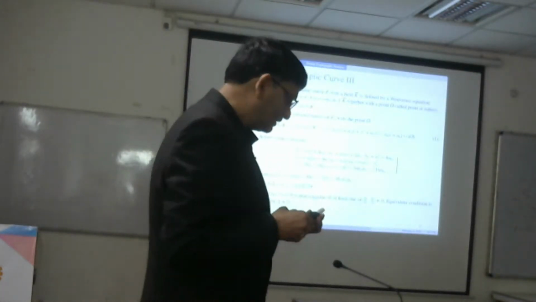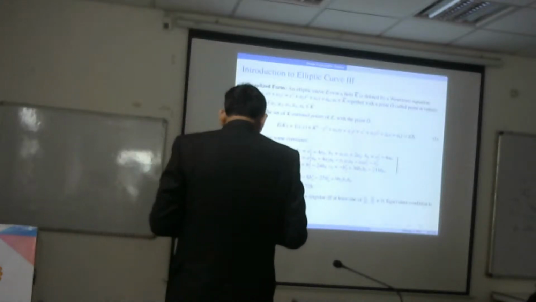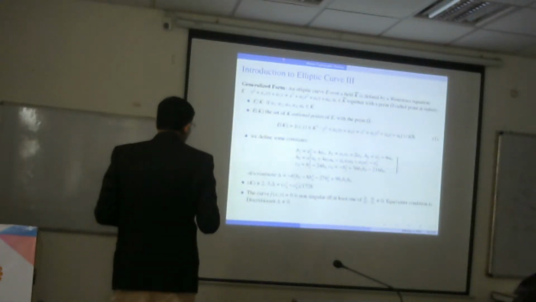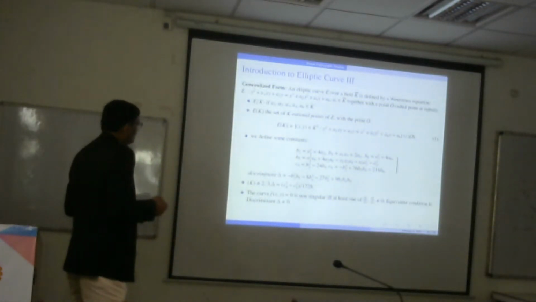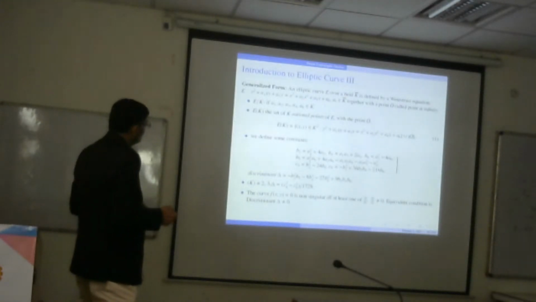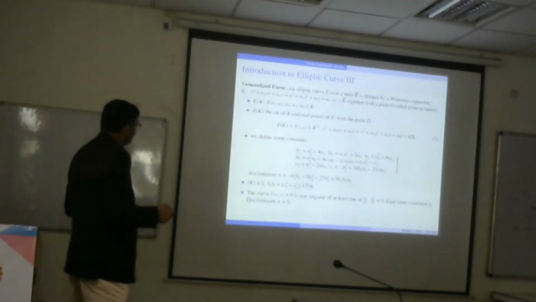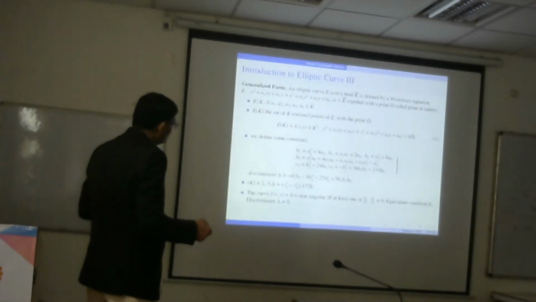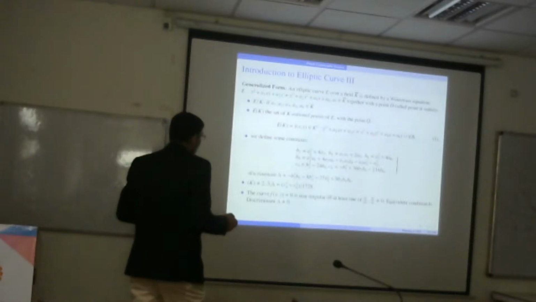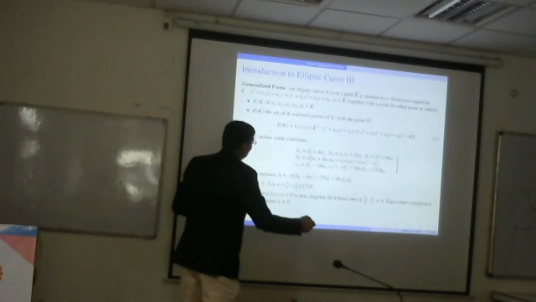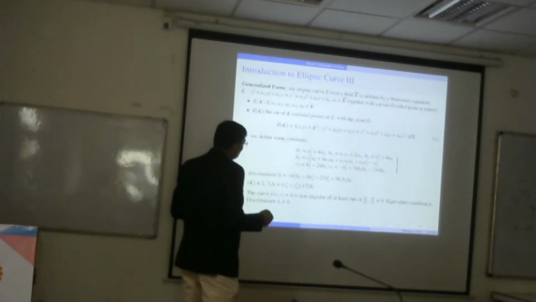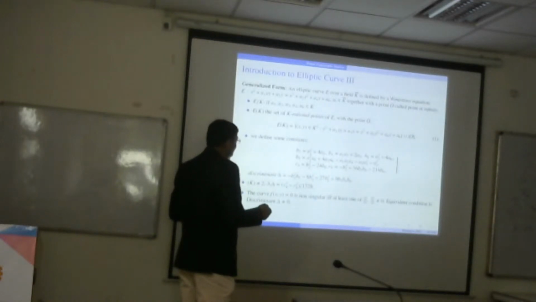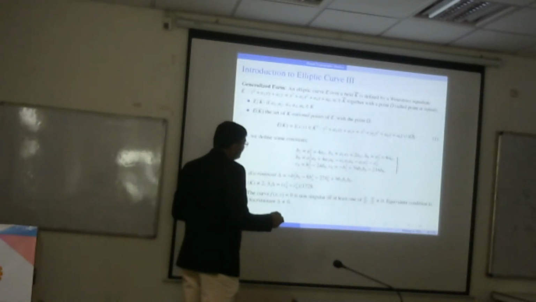So we say the curve is defined over a finite field, meaning all the constants are elements of the field.